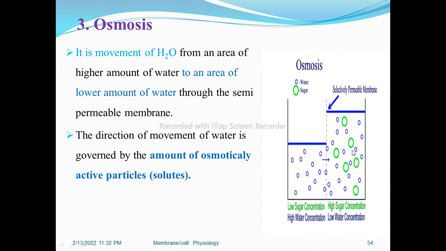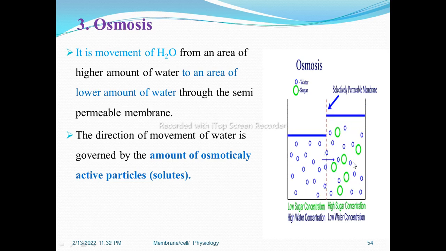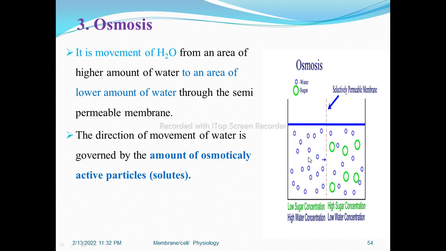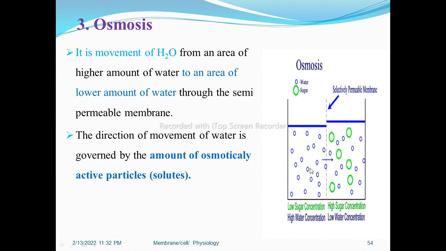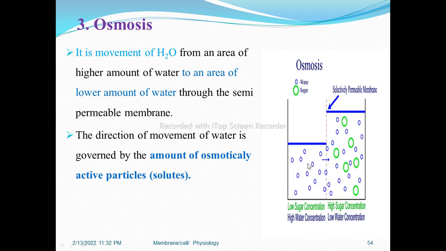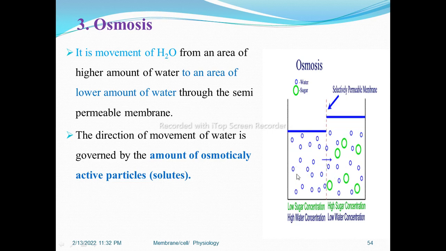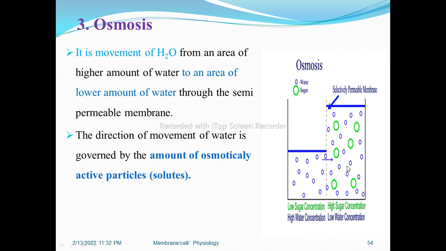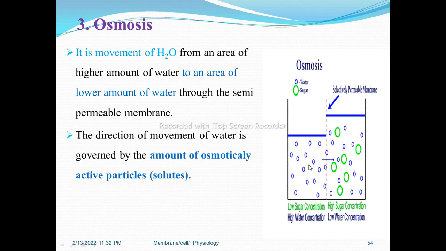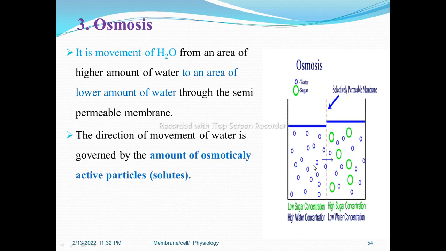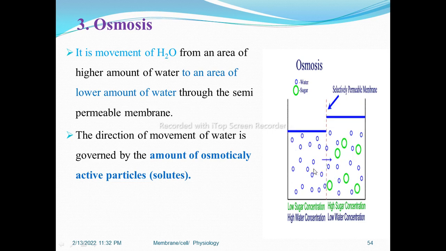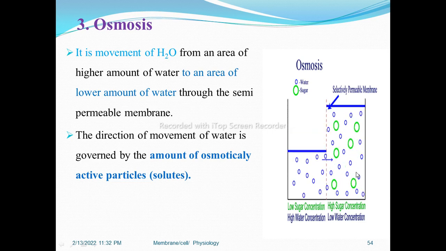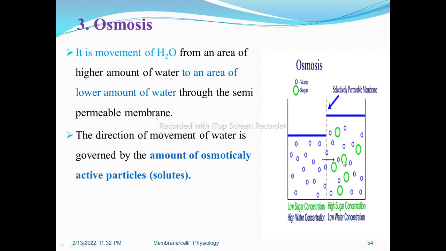If there are solutes or sugar, there is low water concentration. In this case, high water concentration is found. So water moves from the high concentration to the low concentration, from the right to the left in anatomical position. So this is right, this is left, and water moves in this direction.